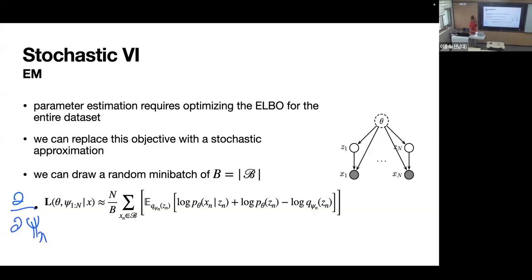If you've selected a nice form of this green distribution, a Gaussian or something, you can solve this symbolically and you know the gradients.